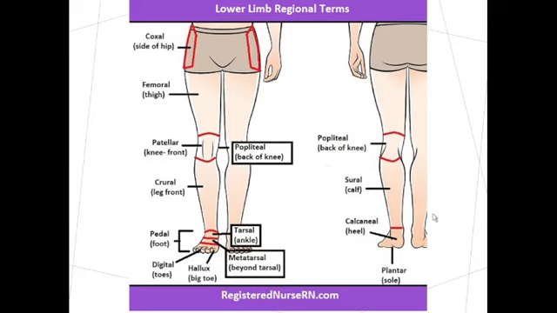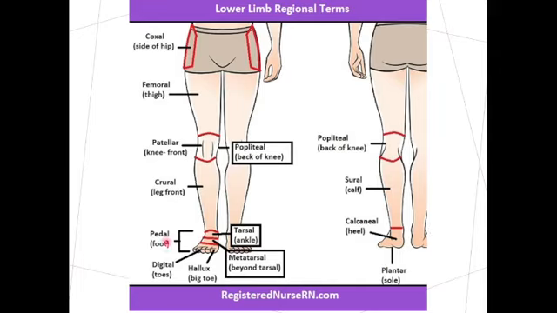Next we have the crural, which is the anterior area of your leg. So when we play a game of cricket, they wear pads to protect their crural region. Next we have the sural, which is the back of the crural region.